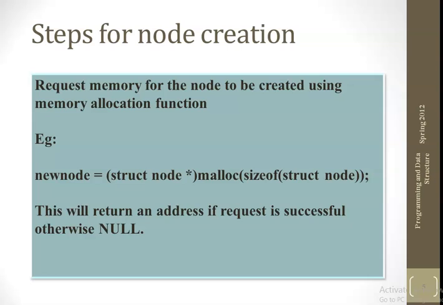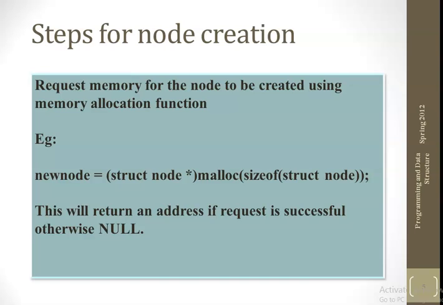So in our case, we have defined 2 members. One is int data, which requires 2 bytes. Another is address. Address may require 2 or 4 bytes. So the total size of the structure node will be the sum of these integer data type and pointer data type.